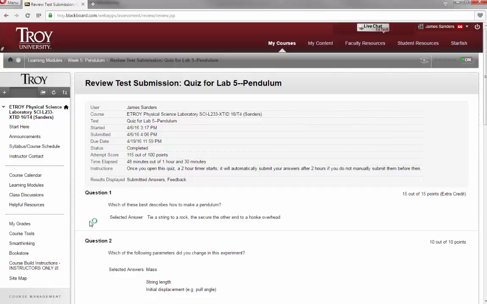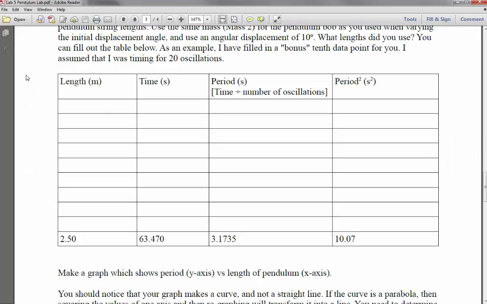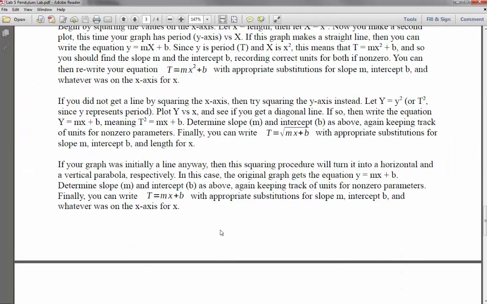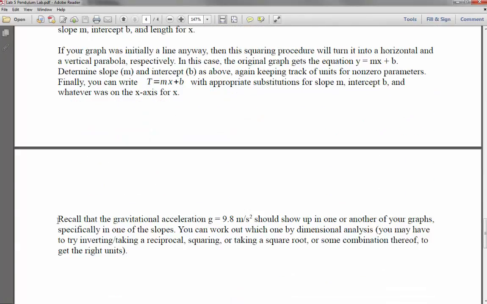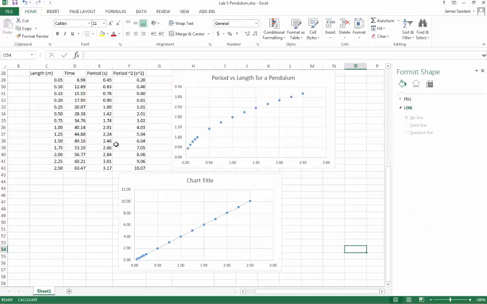There are additional questions that could have been asked, but that I did not, in fact, ask on this particular quiz. For example, if you look back here in the handout, it suggests that the gravitational acceleration is 9.8, and that should show up in one or another of your graphs. I suggested now in this video exactly where that should show up, namely the slope of that period squared versus length graph, this one right here.